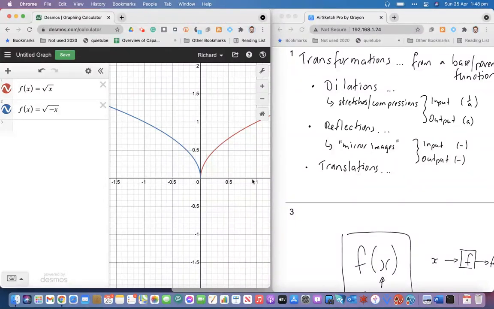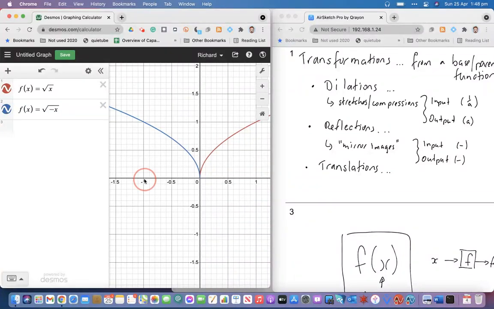So what was 1, 1 here is now negative 1, 1. So the output didn't change. It's still 1, but the input did change. To get to 1, I now have to have x as negative 1, whereas in the original graph, to get to 1, x had to be positive 1.